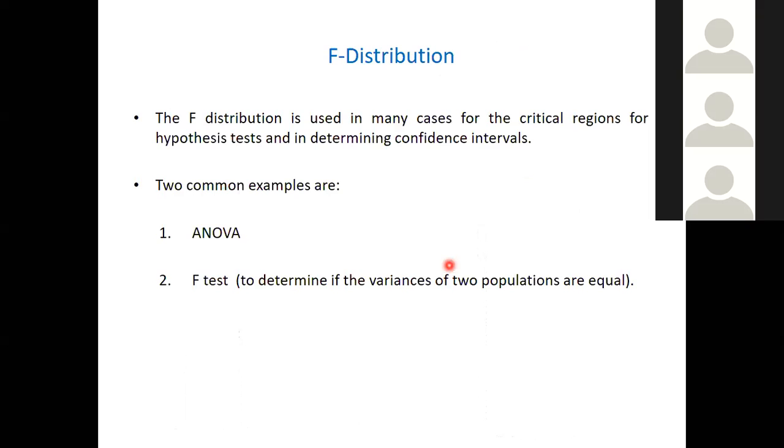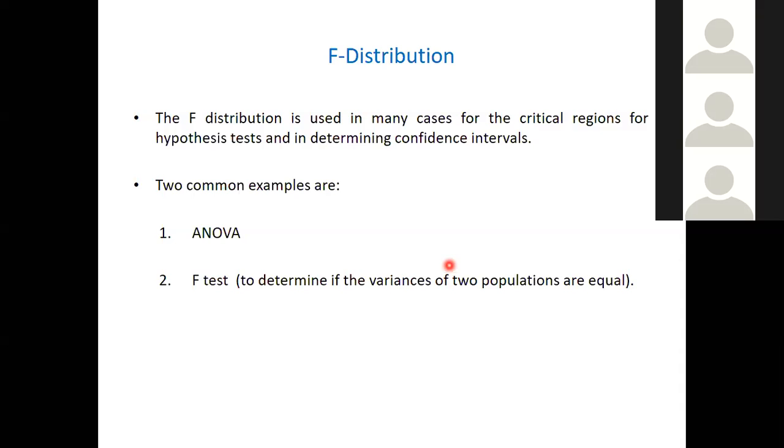Okay, what I just said. I say the two common examples of using F are the F test and Anova. The F test in this sense is to determine if the variances of two populations are equal. So it will divide one variance by the other one. Of course, if they are equal, it should be 1 or not too far from 1. If two things are equal and you divide one by the other, it will give you 1.